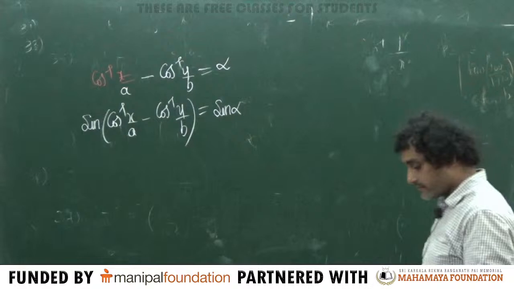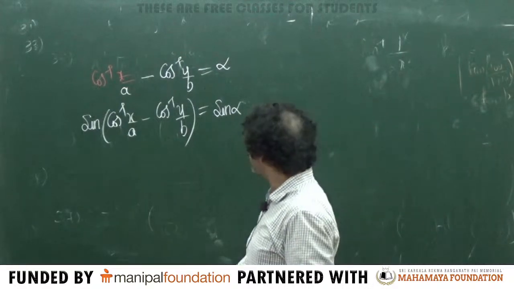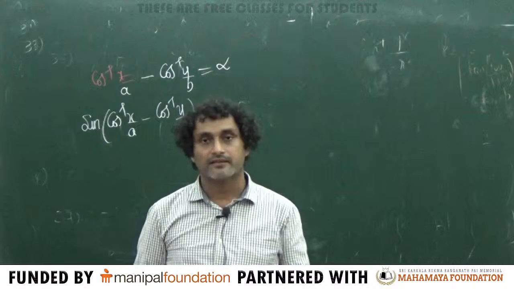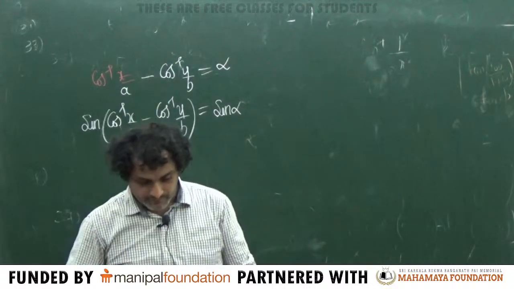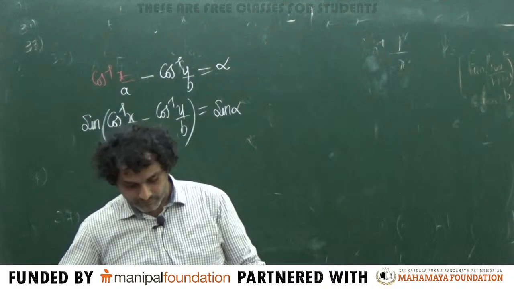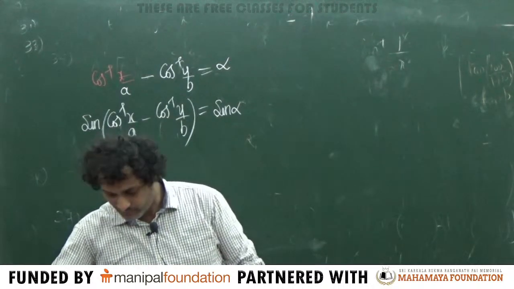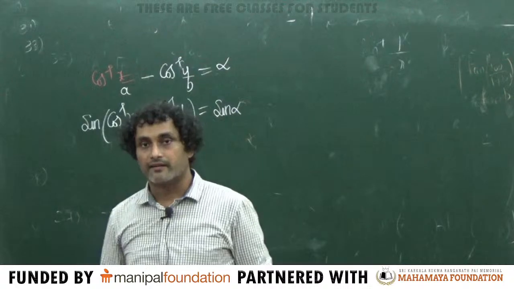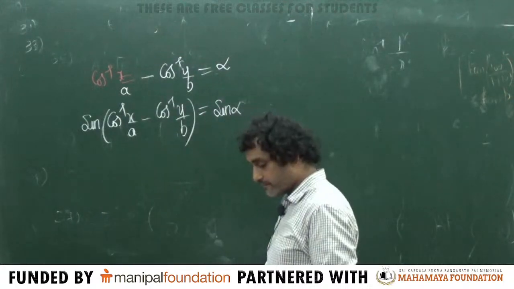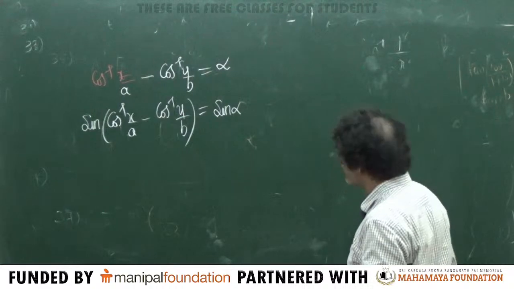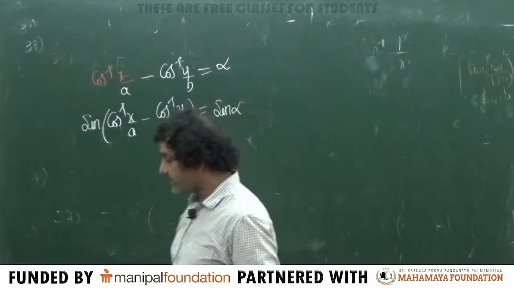After this what to do? Shall we square it simply? When you square it, what will you get?